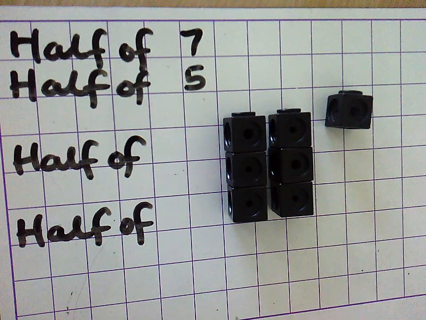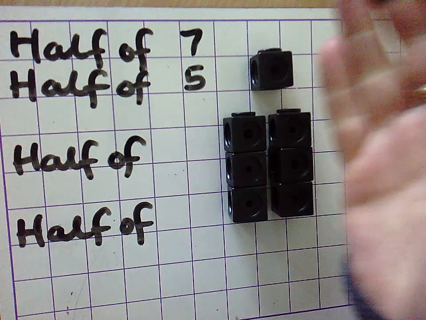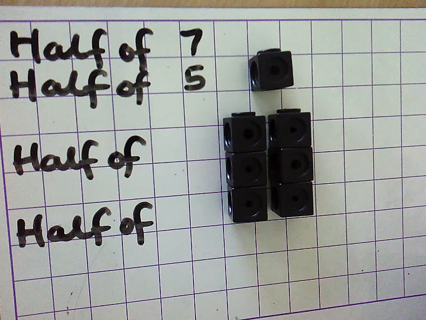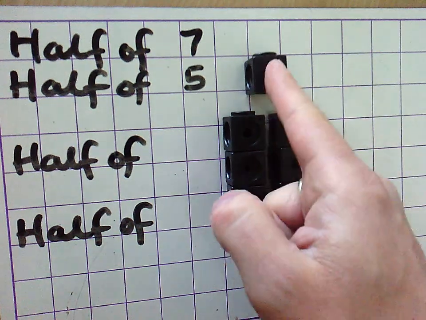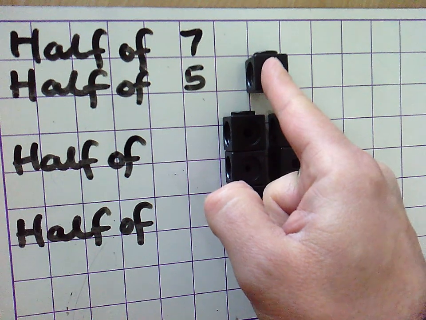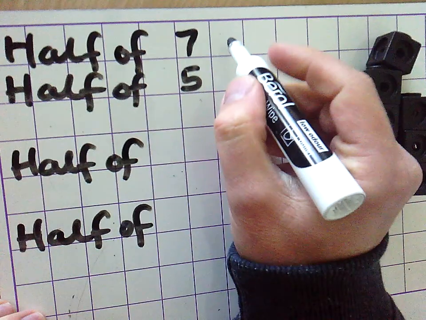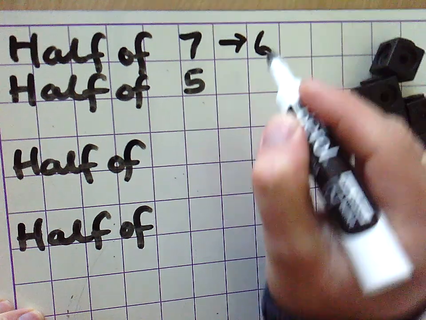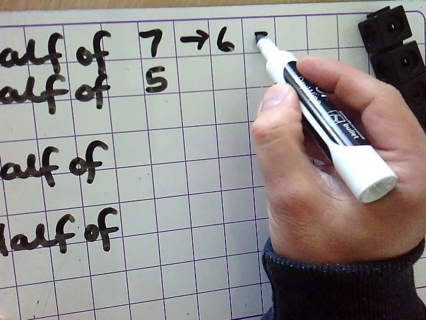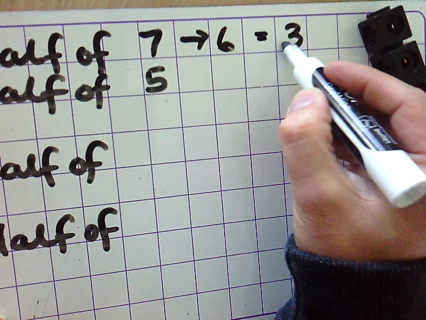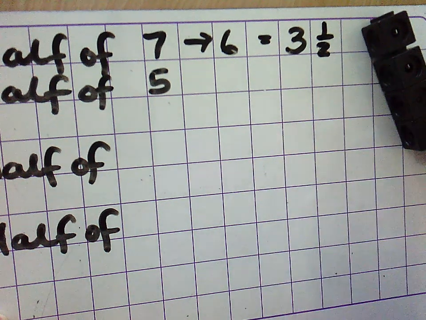It's 3, and then we'd obviously be having 1 left over, which we could then hopefully chop in 2. Okay, so you end up with 3 and a half of the odd one. So half of 7, we changed it to 6 first of all, and then we halved the 6 to get 3, and then we halved the odd one that was left over, so 3.5.